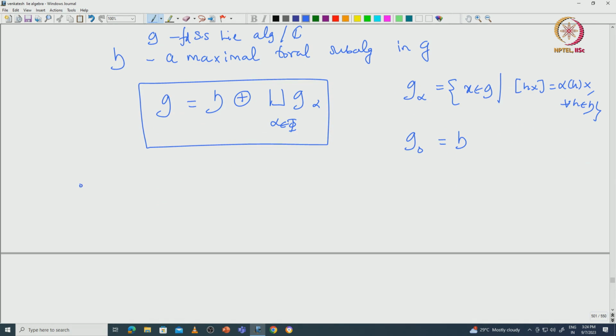We also proved some of the properties of these roots. What are all the properties we proved? We observed that 0 is not in phi, and the span of phi is equal to H star, and if alpha is in phi, then minus alpha is also in phi.